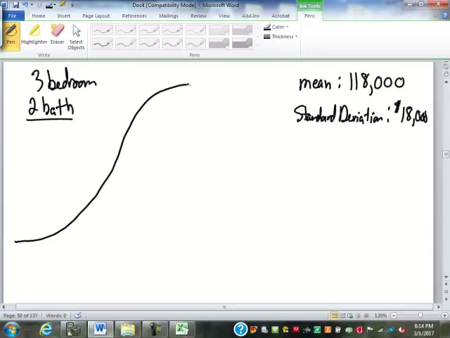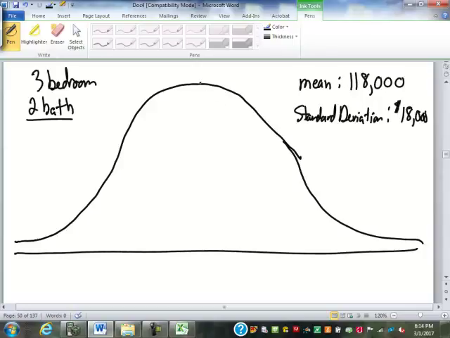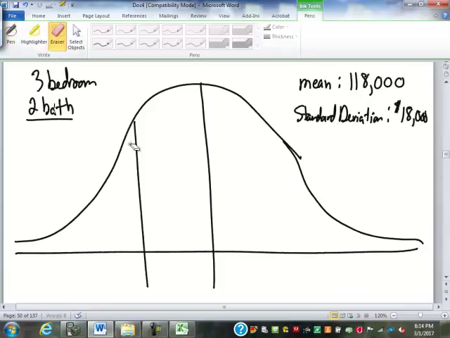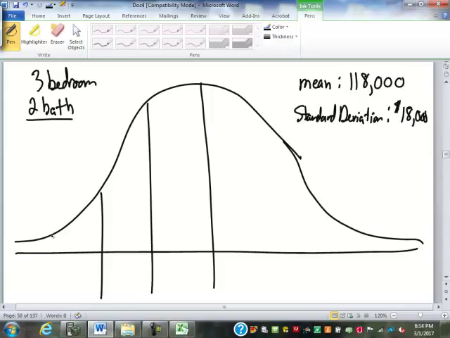Okay. So I'm going to draw my bell curve again. Trying to draw it a little bit bigger this time. Now these percents never change.